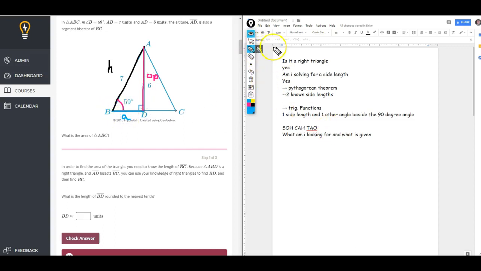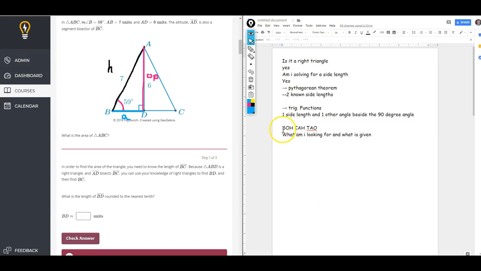So what are we looking for? Well, right now it wants to know what the length of segment BD is, rounded to the nearest tenth. So I'm looking for the adjacent side length. Since we have both the hypotenuse and the opposite side length, as you go through this, you might have more than one trig function to use.